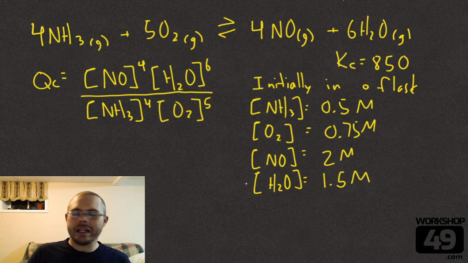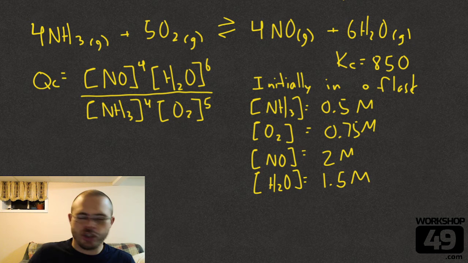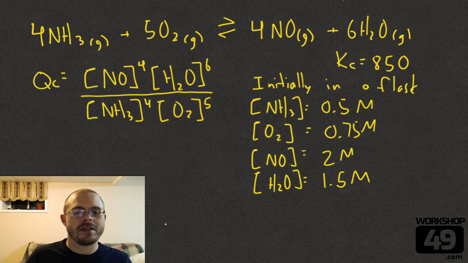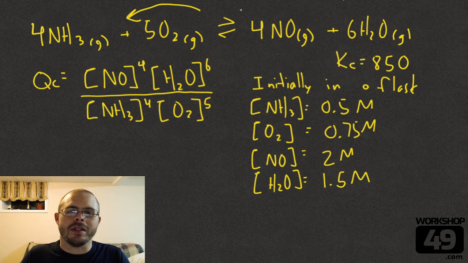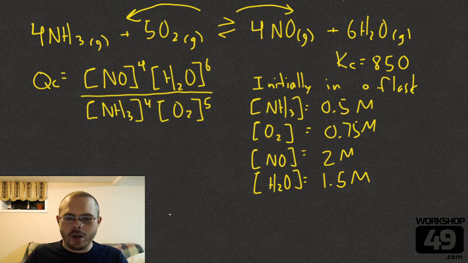That's what we're starting off with. We put these in, put on a cap, shake it out, and go play with the cat for a while with a ball of yarn. But when we come back, this time we don't have to calculate all of our concentrations. We just have to predict: did we make more reactants or more products? This reaction is going to go one way or the other. Let's fill this into Qc.